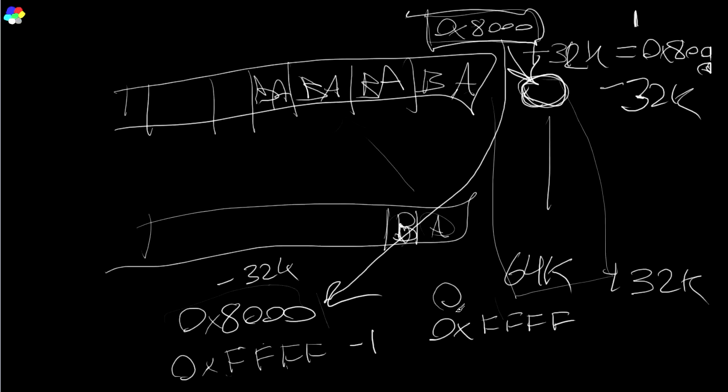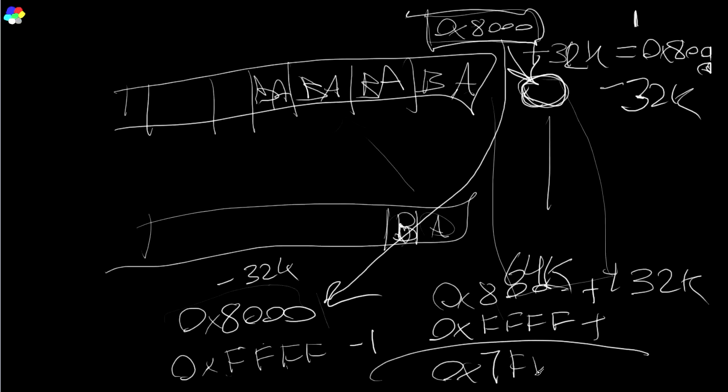If we add 0x8000 to that, you get 0x7FFF, which is the largest signed integer. So by adding this, we maintain that the largest number is still going to be the largest number in the signed domain, and the smallest is still going to be the smallest. So add this number, and you have a beautiful transformation.